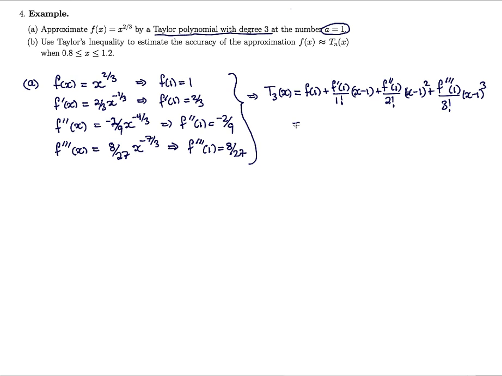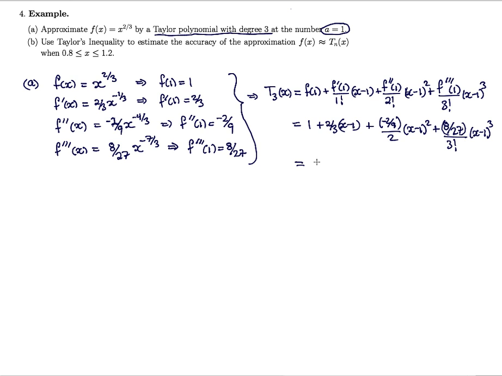And we know all those derivatives now, so we get that this is 1 plus 2/3 x minus 1 plus, well, we have a negative 2/9 on top divided by 2 factorial, which is 2 on the bottom, so that's an x minus 1 squared, and then plus an 8/27 on top divided by 3 factorial times x minus 1 cubed.